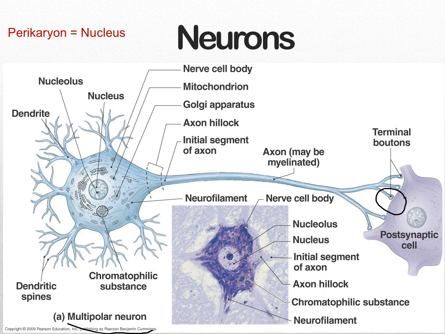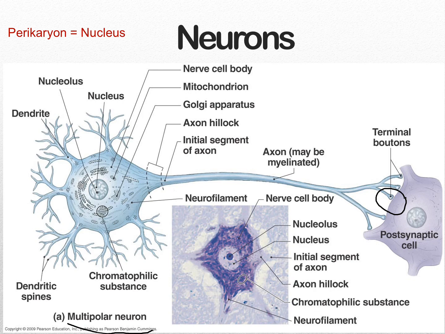So the soma is covered with dendrites, so they look like little tree branches, and as they branch off, their extensions have little pointy things, and those pointy things are called dendritic spines. Okay, so we have the dendrites and the dendritic spines for incoming information.